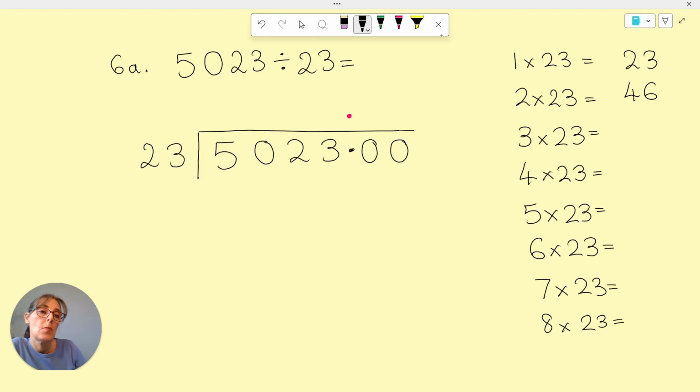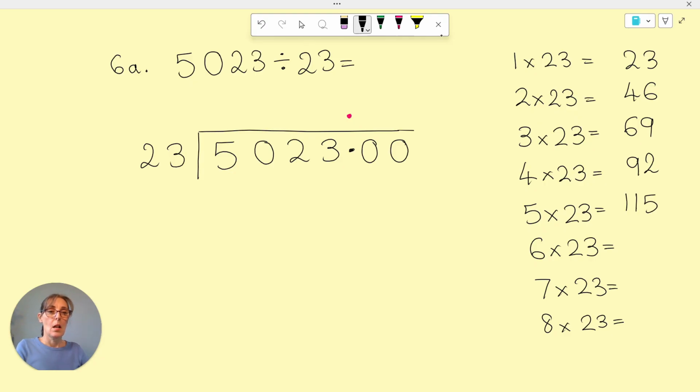So 40, 50, 60, 66, 67, 68, 69. Okay, so 4 lots is 3 lots add 1 lot, or 2 lots of 2. I'm going to do 2 lots of 2. So 46 add 46 is 92. 5 lots, 92, add 23. So 90, 100, 110, 112, 115.